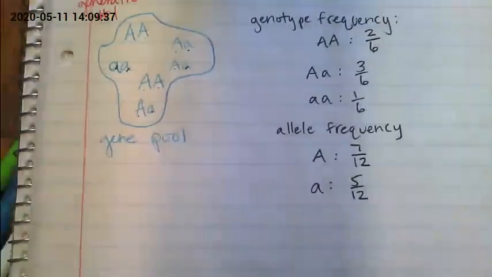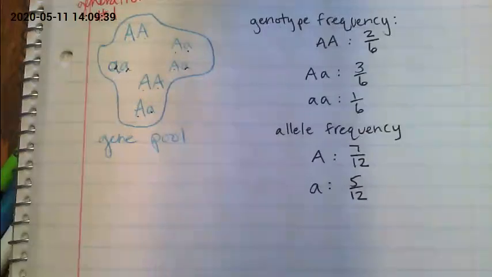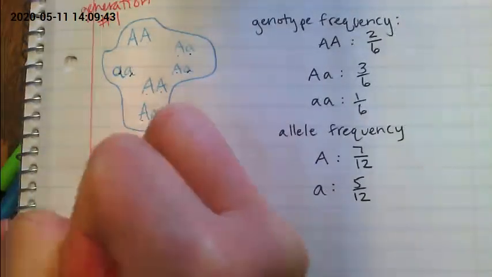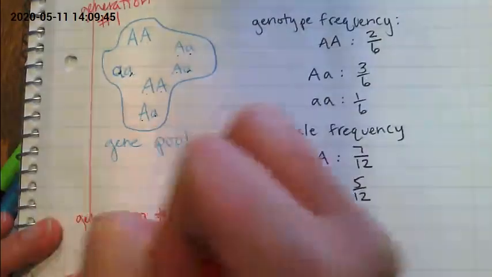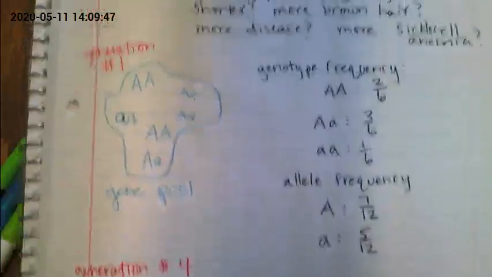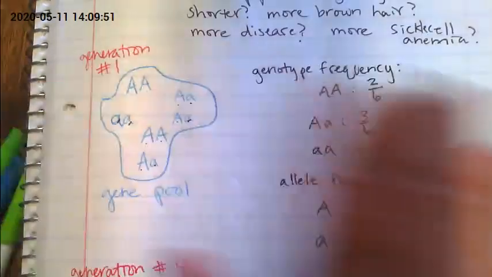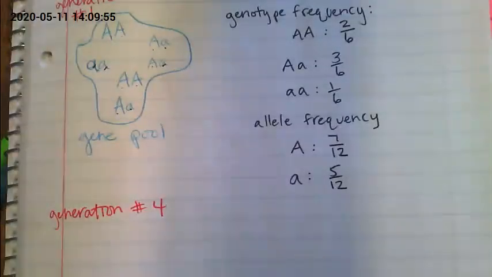Okay, so let's fast forward a few generations. Let's look at generation number 4, right? So we went from the first generation, they've mated, had offspring, mated, had offspring, mated, had offspring, right? So now we're at generation 4. And let's take a look at how the gene pool has changed.